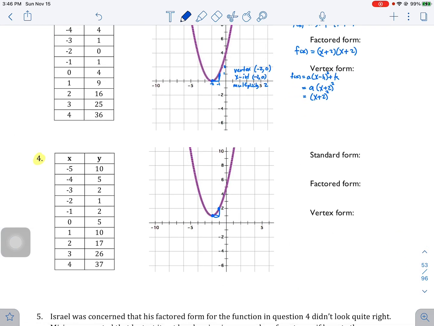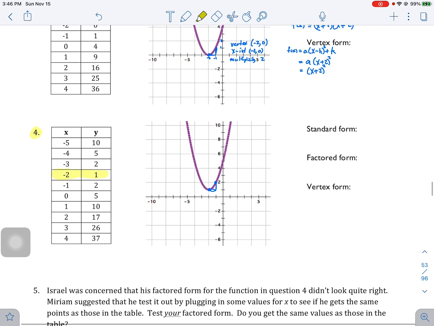Now let's look at this one over here. Again, they give us a table, and from the table we can be pretty confident on our vertex values here. We can see that the minimum value right here is -2 and 1. So that makes it fairly easy. The vertex is at -2, 1. And so our equation in vertex form is the stretch, which, by the way, on this one, instead of looking at the graph, let's look at the table.